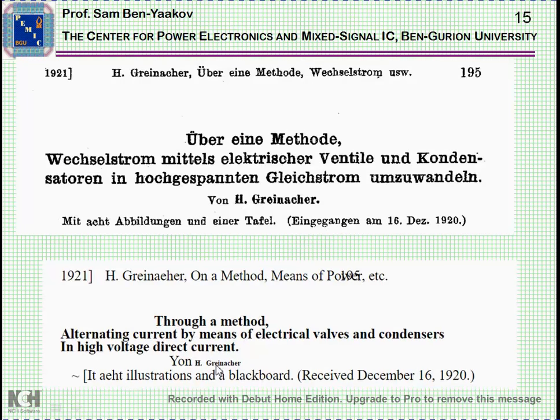However, in 1920, Greinacher, a Swiss-German scientist, published a paper in German, and this is the Google translation of it, which described a circuit that includes valves, this is diodes, and condensers for high voltage generation.